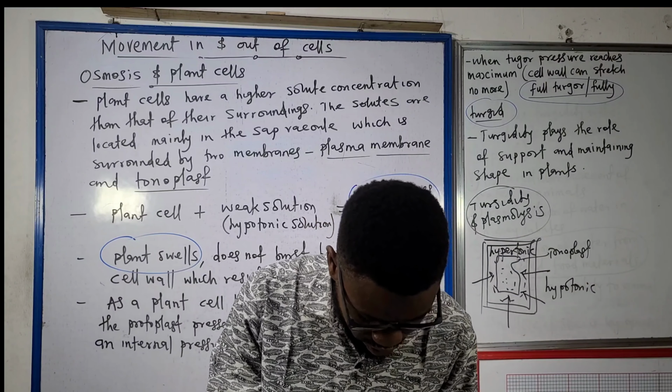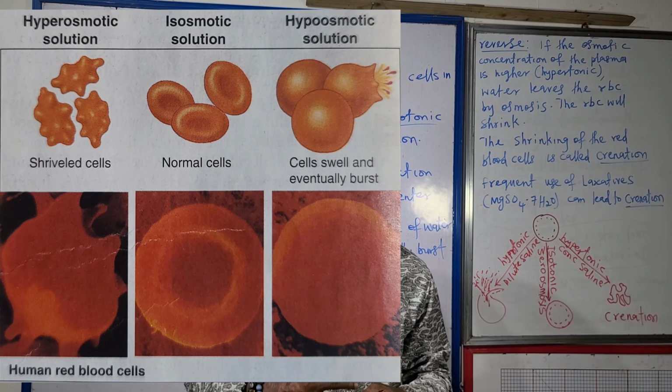Okay, now let's look at osmosis and animal cell. As you see in the diagram on your screen, we have about three situations there. The one at the center is when the red blood cell is isotonic with the plasma in which it is suspended. We know that normally the red blood cells are suspended in the plasma.